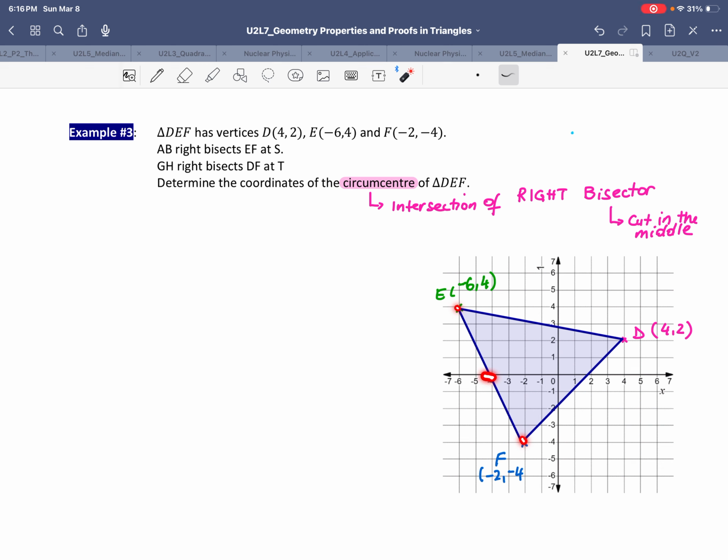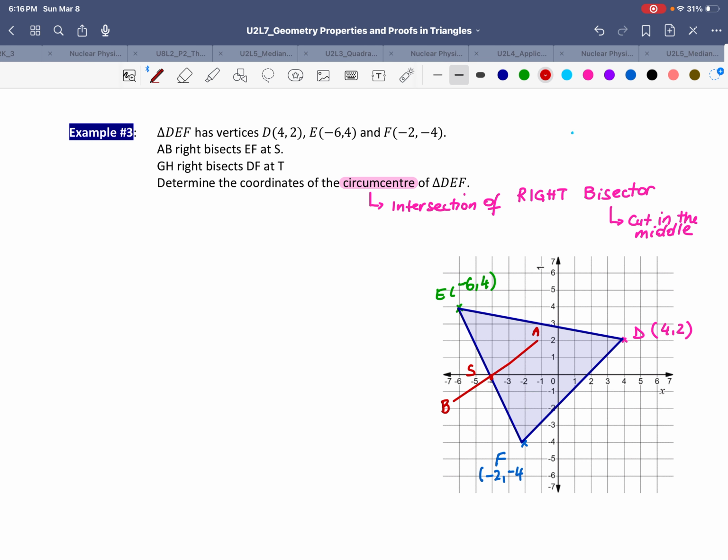And the middle would be the point S. I'm assuming it's somewhere in here. And that would be S, but again, we're going to have to find the coordinates. And right at this point, we're going to drop a perpendicular. This looks like a perpendicular.